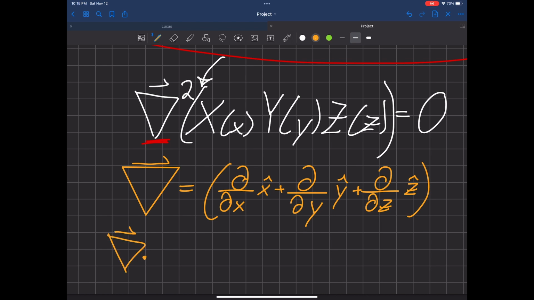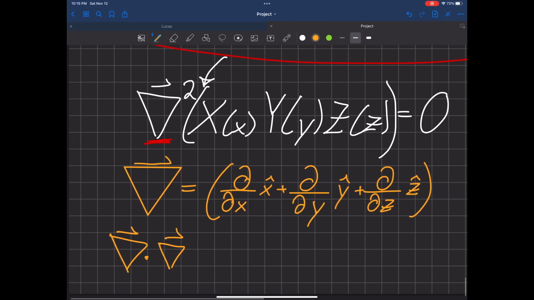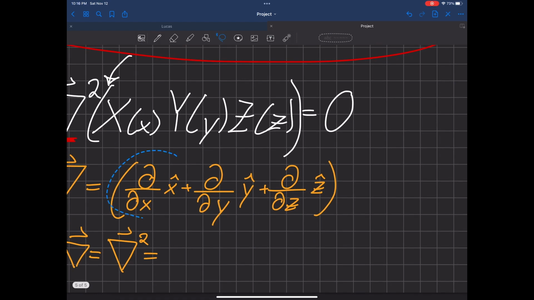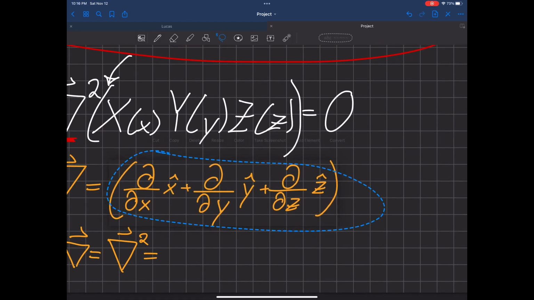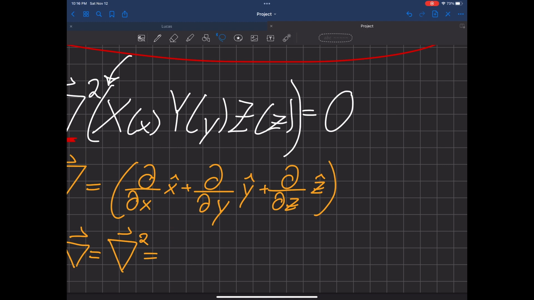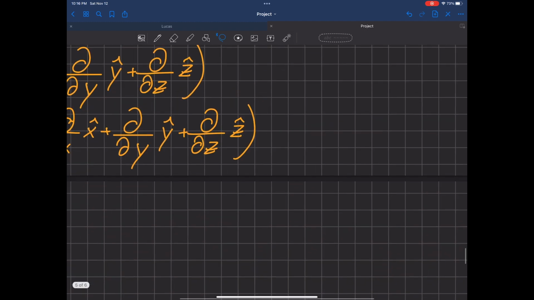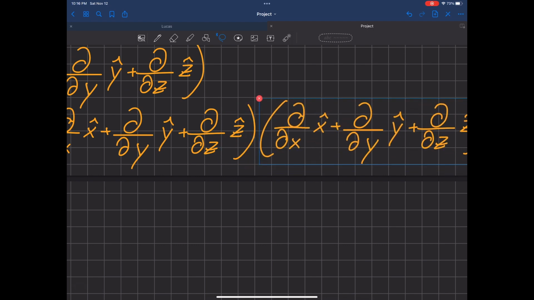So nabla dotted with nabla, which equals nabla squared, is going to equal this whole thing dotted with itself. We're just going to put a little dot there.